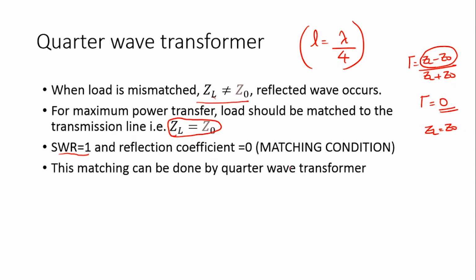So we will check how impedance matching is possible with quarter wave transformer. This application tells that quarter wave transformer is a transmission line with length L equal to lambda by 4. So how is this used for impedance matching?